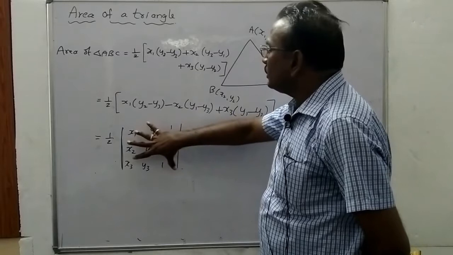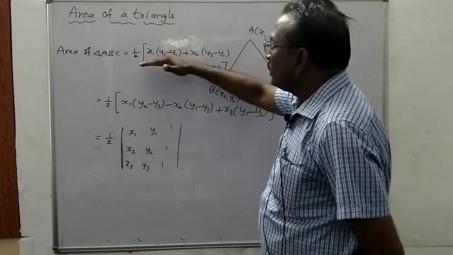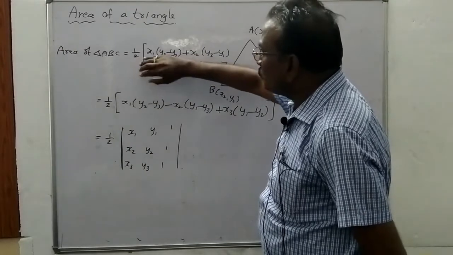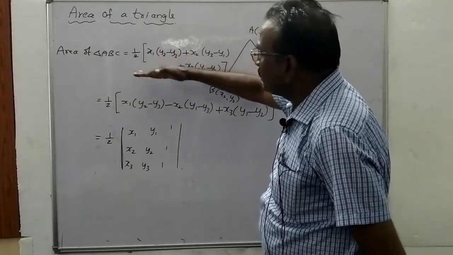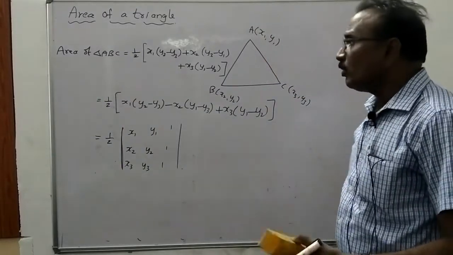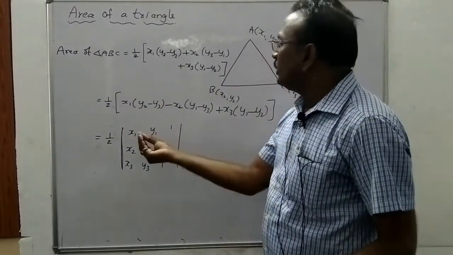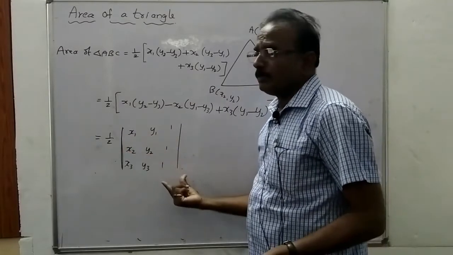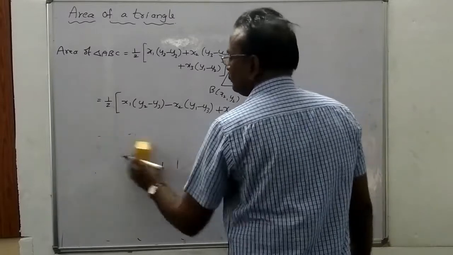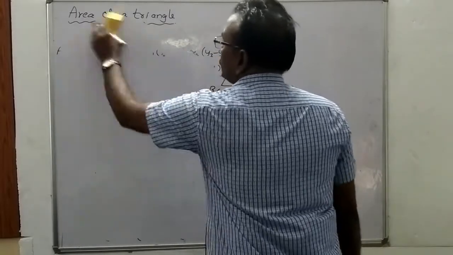If we expand this half into the determinant, we get the geometrical area formula. So this is the formula for the area of a triangle using determinants.